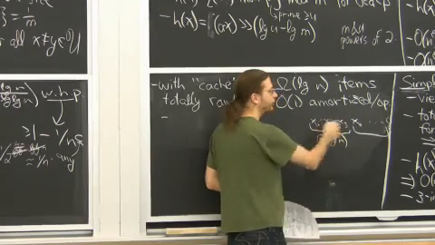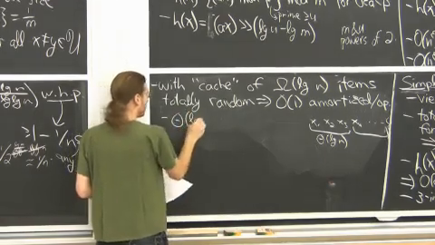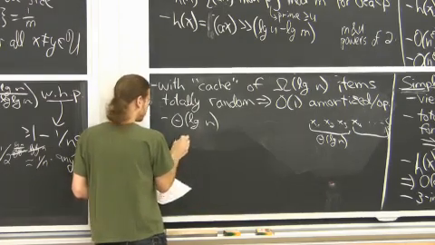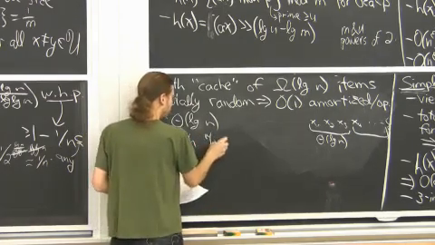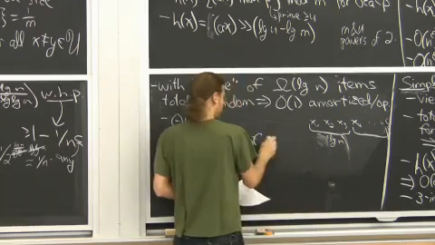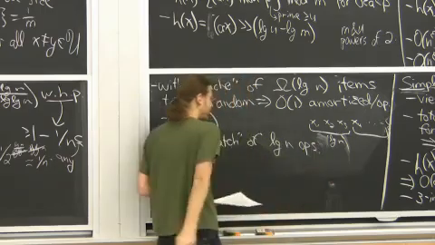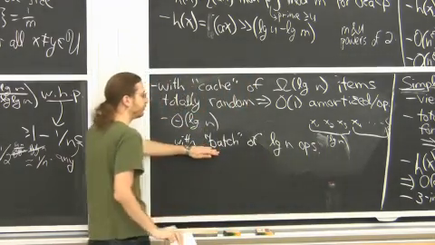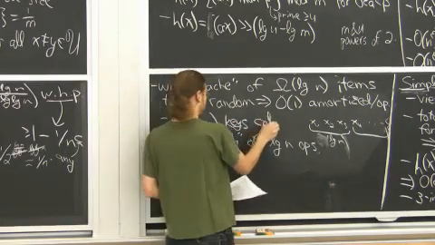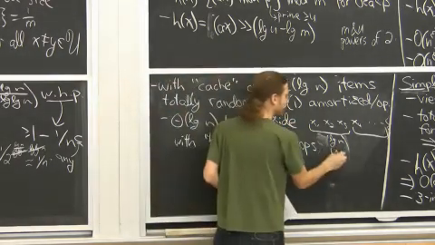We're going to amortize over that period of log n. So I'm going to look at a batch of log n operations, and I claim that the number of keys that collide with them is theta log n with high probability.